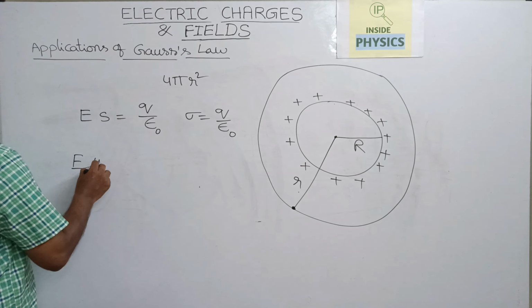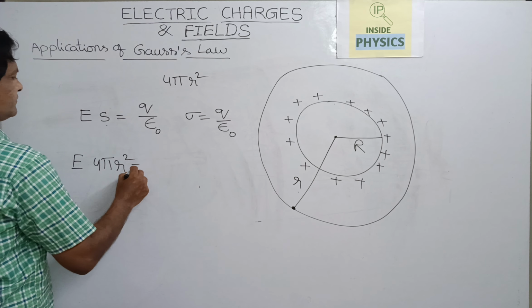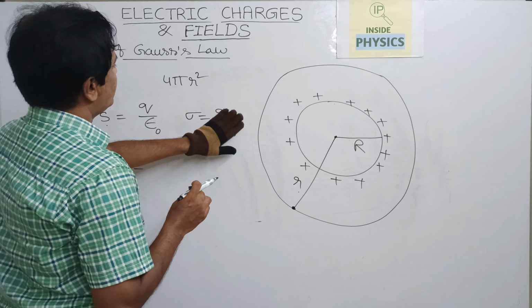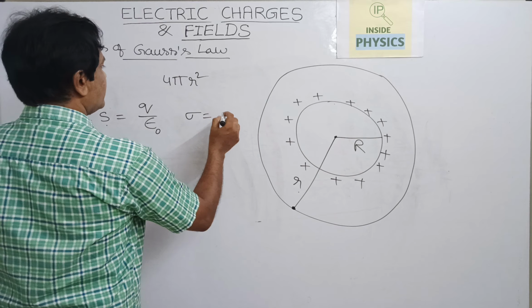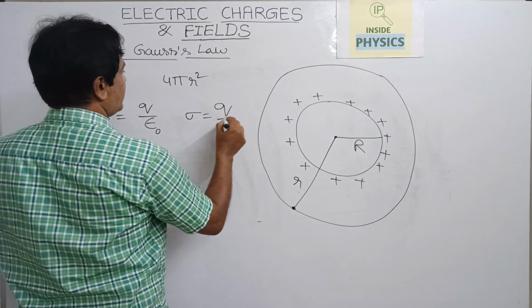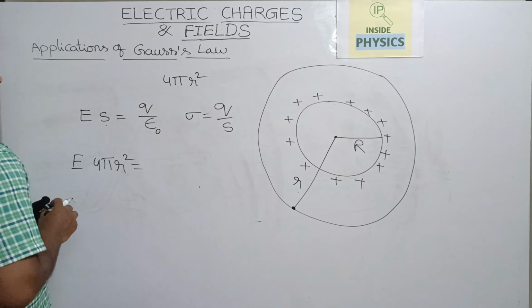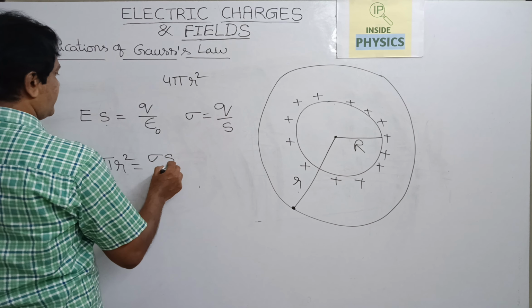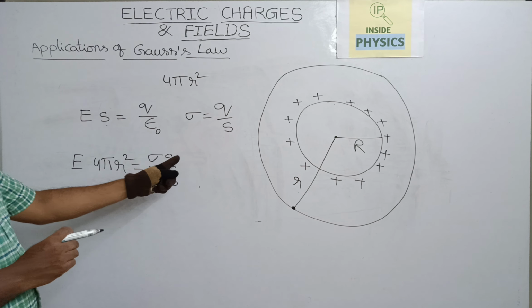That means the surface area, S means surface area, and Q is nothing but sigma, surface charge density. Actually sigma is nothing but Q by S, surface charge density. So here Q is equal to sigma S. So what is this surface area?